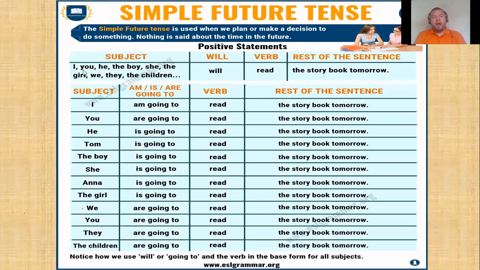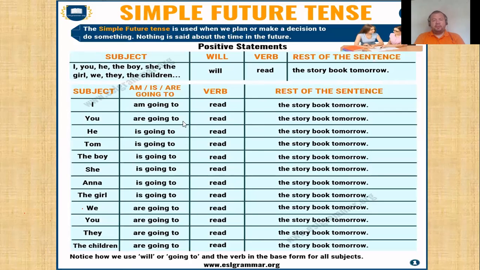Subject: I, you, he, the boy, she, the girl, we, they, the children will read the storybook tomorrow. So we have a lot of examples in here. For example, I am going to read the storybook tomorrow. This is the part of using going to.